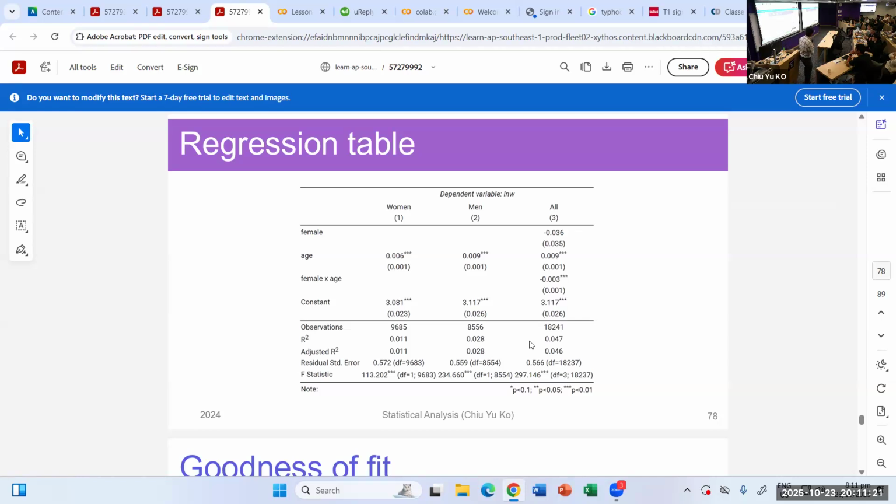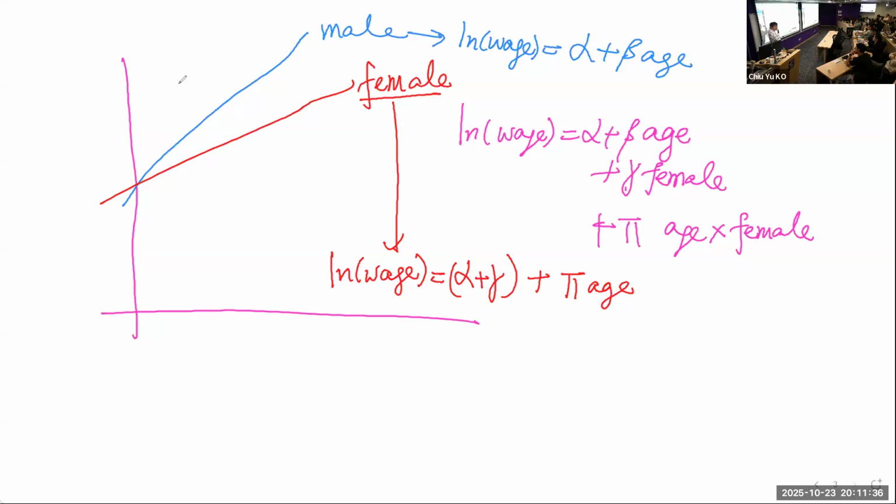If there's no star, we'll think this is no different from 0. That's why when I drew the picture there, I just drew it the same, because I thought they're no different.